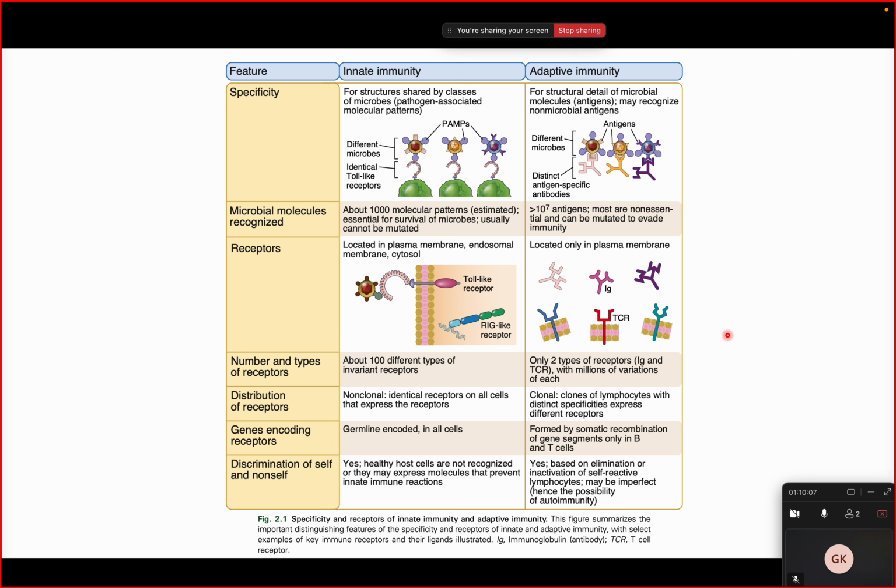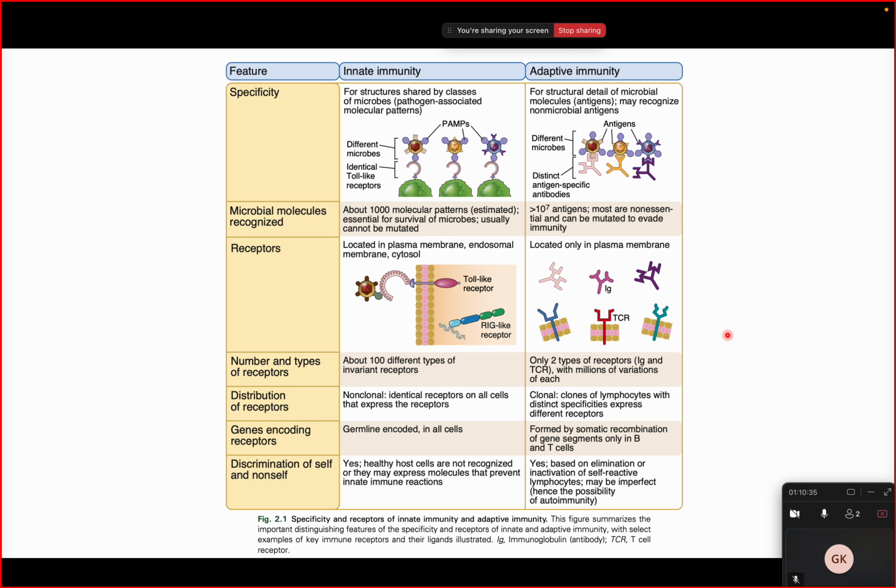So, in innate immunity, you have toll like receptors, TLRs, okay, which recognize the PAMPs, that is pathogen associated microbial... what is the full form of PAMPs? I forgot. Pathogen associated microbial patterns. Yeah, microbial patterns.